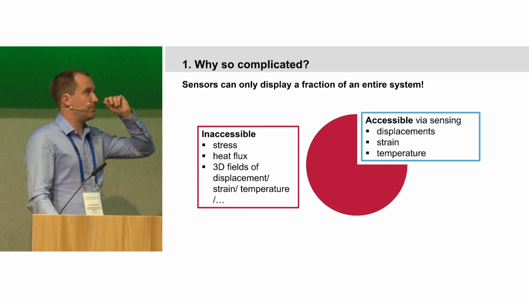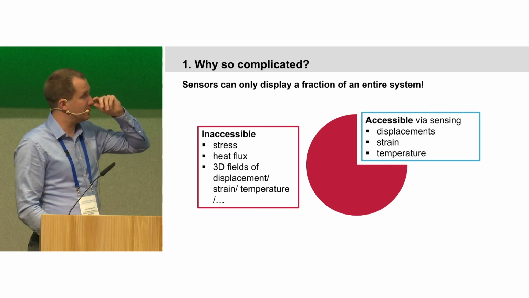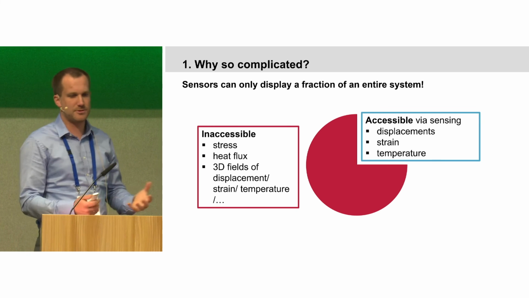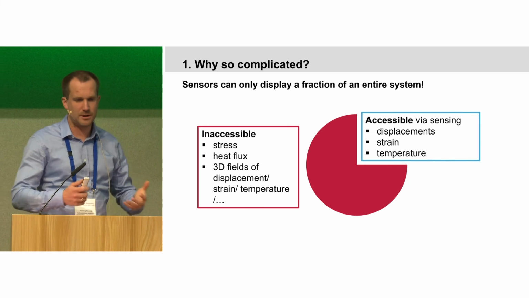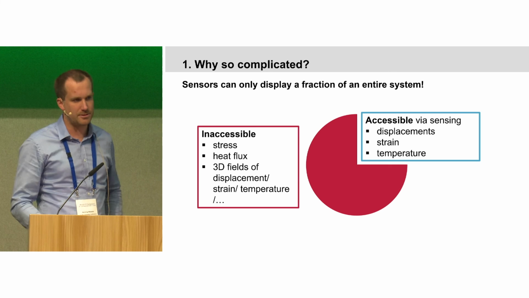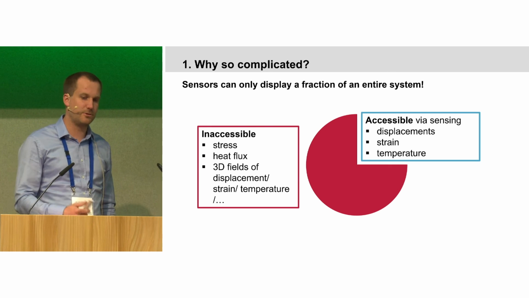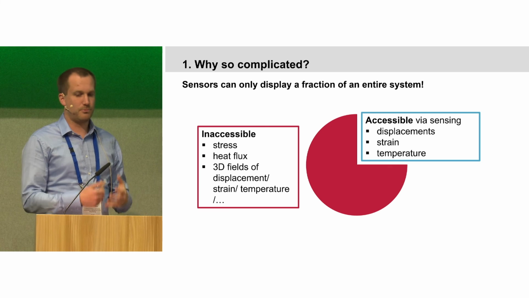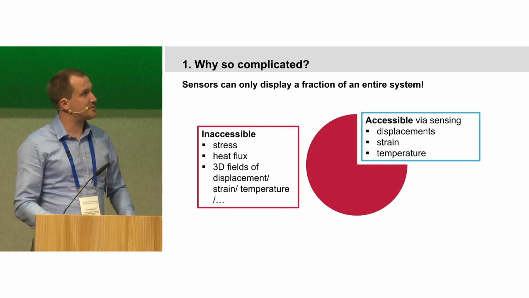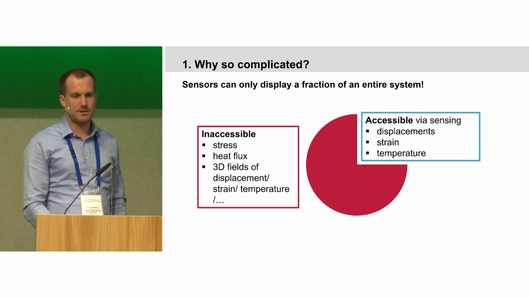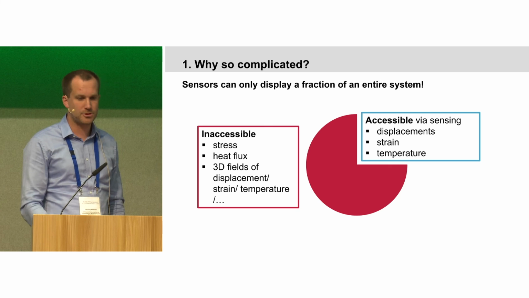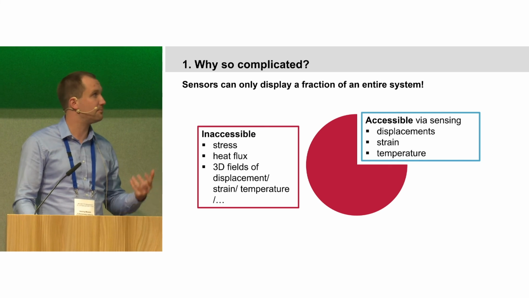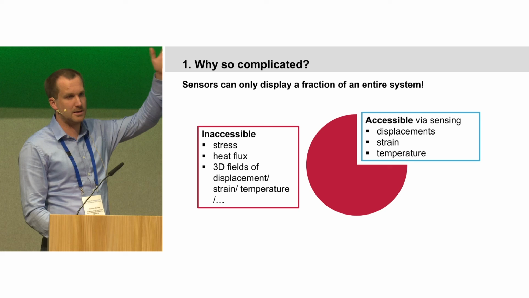So I know it's an applied community, and you need to build this in practice. So the question is, why do we need to do the math? Why so complicated? Why is it worth it? The point is that sensors can only display a fraction of an entire system. So via monitoring, via sensors, we can access displacements, we can access strains, we can access temperature, but there's much of the reality which is hidden to us, and much which is really important, like the mechanical stresses.